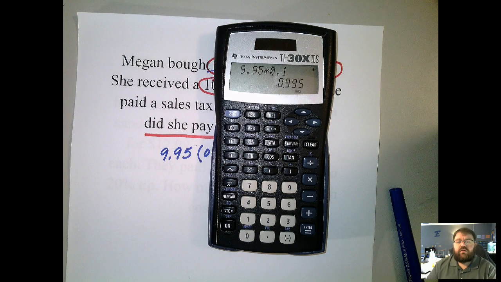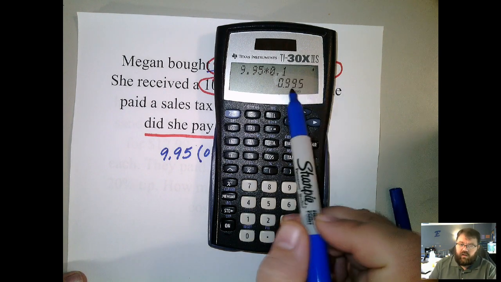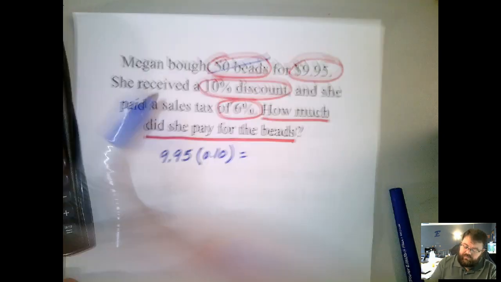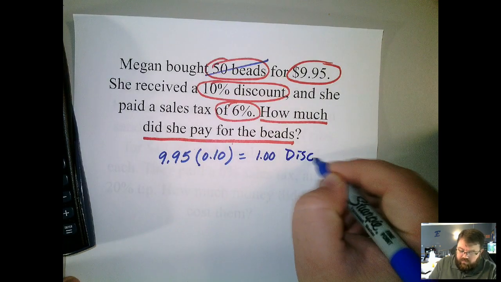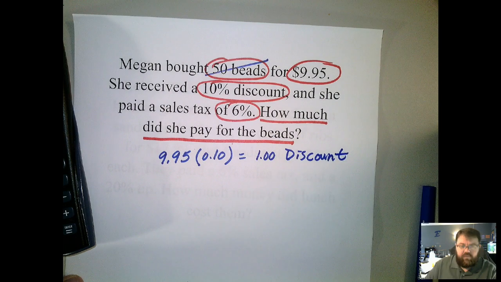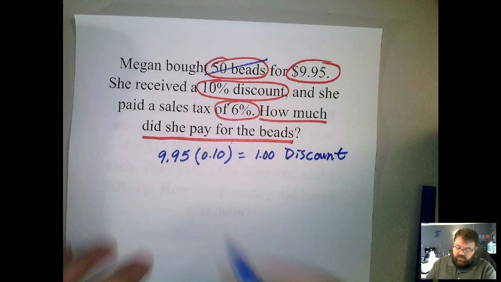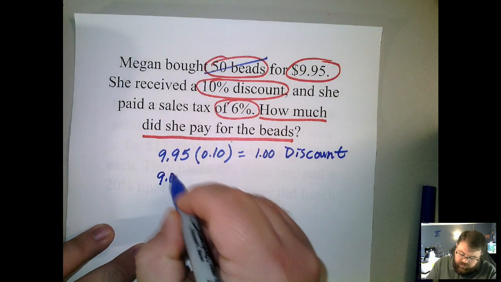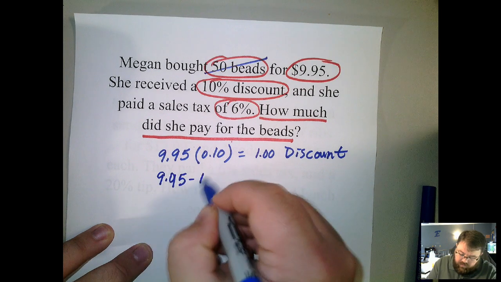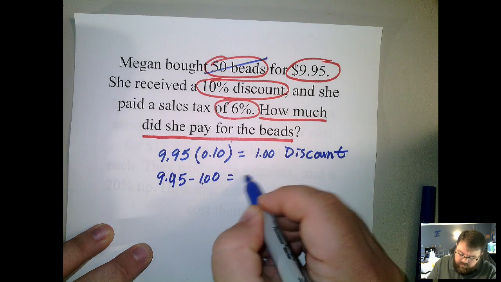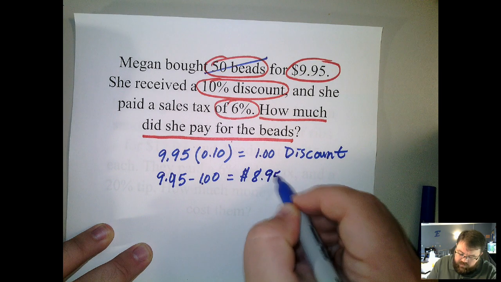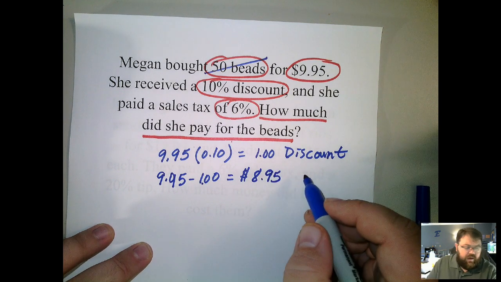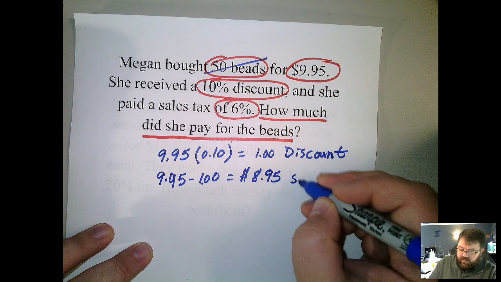So this rounded to the nearest penny is $1 off. So $1 is your discount. From here, you take the price, subtract, and get $8.95. That is going to be your sales price.